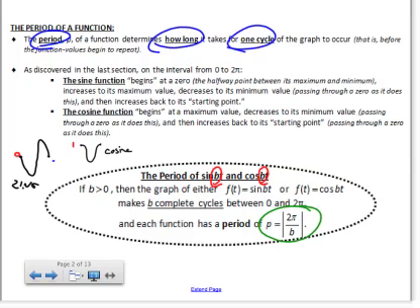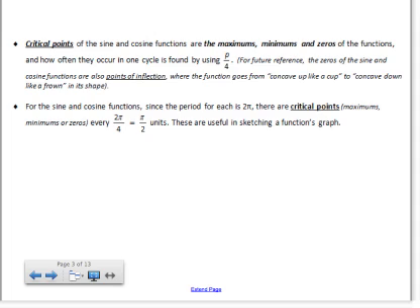Got it? Sine and cosine have a period of 2 pi, and so do their reciprocals, cosecant and secant respectively. But when we have a coefficient in front of our angle, we now take the period of 2 pi and divide it by b, and that is how long that particular function is going to take to have one cycle occur.